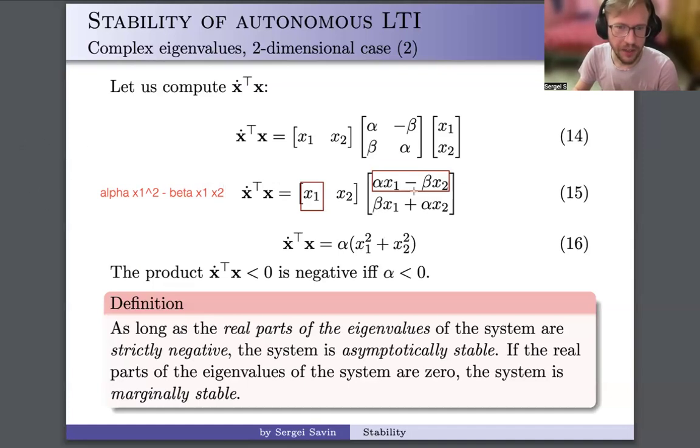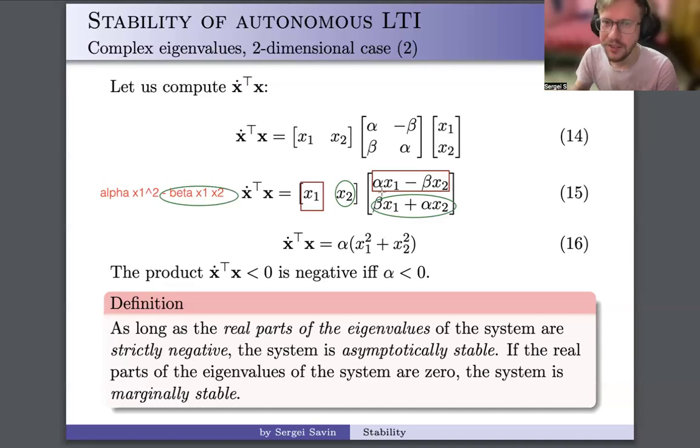Next, we multiply this guy by this guy. What do we get? We get x2 x1 beta plus alpha x2 squared. Now, notice that we already had this component, beta x1 x2, but it is negative there. Here, when we multiply, it is positive.